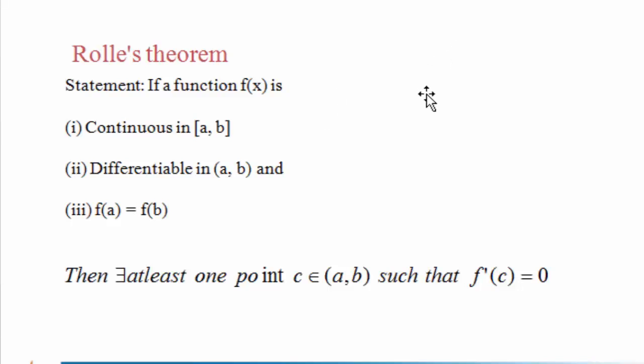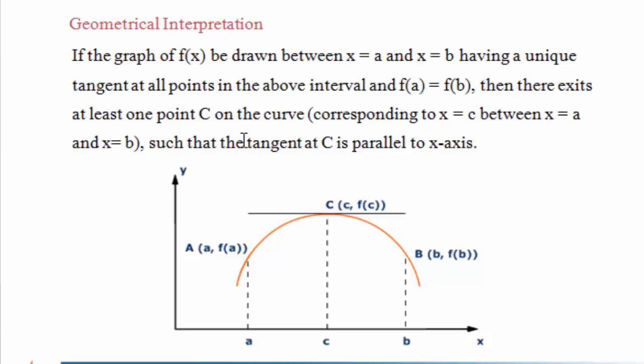Let us take the geometrical interpretation of Rolle's theorem. If the graph f of x is drawn between interval a to b, we can easily see the diagram. Here x equals a, x equals b, having a tangent at all points in the above interval. f of a and f of b are both equal, means they have the same value.